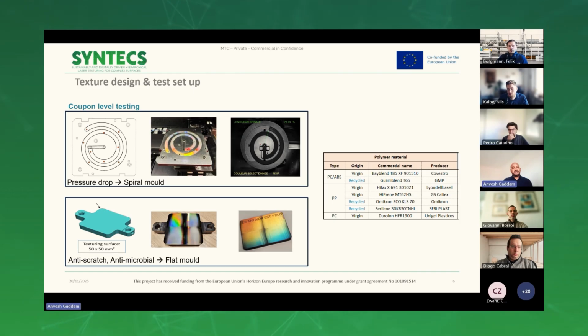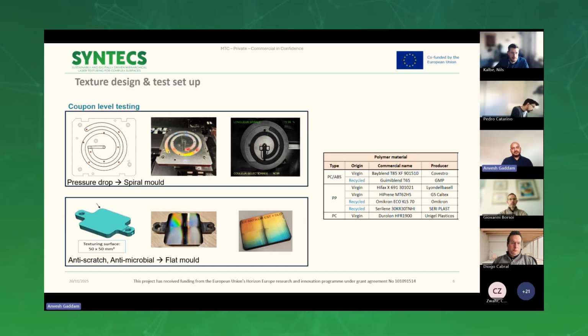And by measuring the pressure at different parts of the mold, how much pressure has been injected and how much pressure has been received by the mold has been calculated, and from there the pressure drop projection has been estimated.